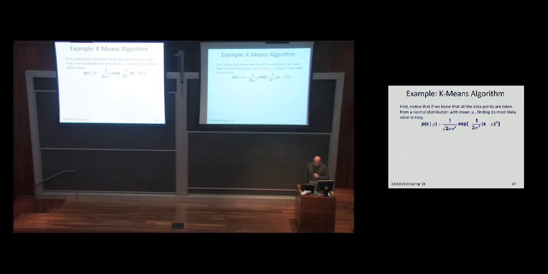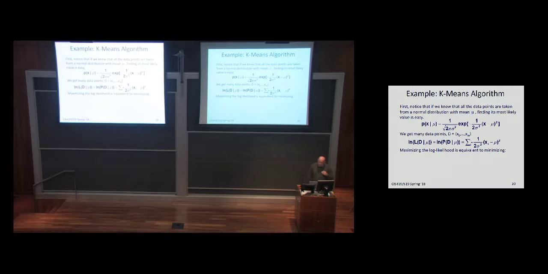I'm going to assume now that I have m data points, and the log likelihood of the data, therefore, is the sum over these m data points of this. And it's easy to see that, therefore, maximizing the log likelihood is just like minimizing this, right? So I'm just basically taking the log.